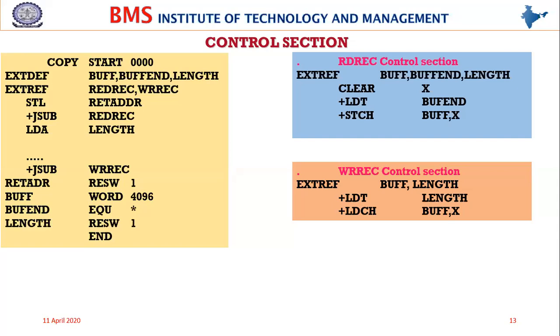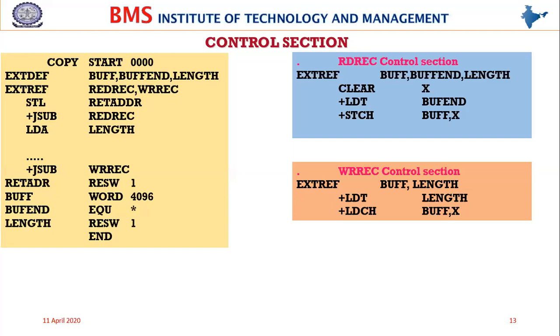But the RDREC control section is using BUFEND and LENGTH, and RDREC itself, which we can think of as a subroutine written in another file, is referred to in the default control section, and WRREC is also referred to in the current control section.